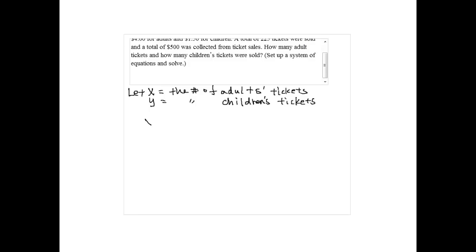Since we have a total of 225 tickets, X plus Y should be 225. In terms of the amount sold, 4 times X plus 1.5 times Y is $500.